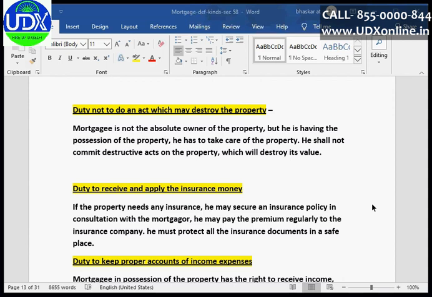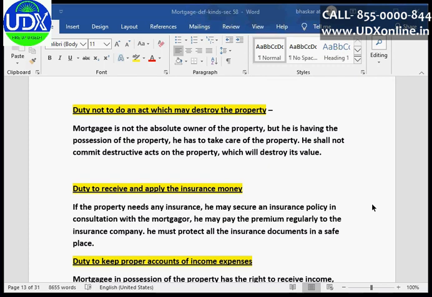So he may just pass the duty to the mortgagee, and the mortgagee has to take care of that property. He has to pay the periodical installments to the insurance company.